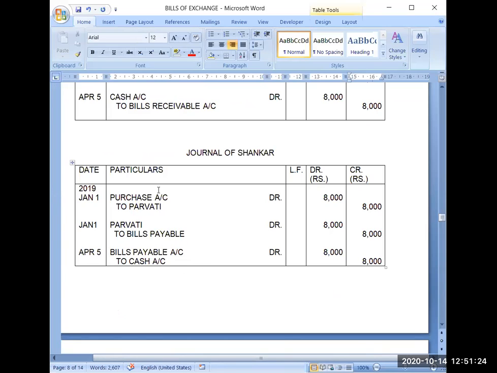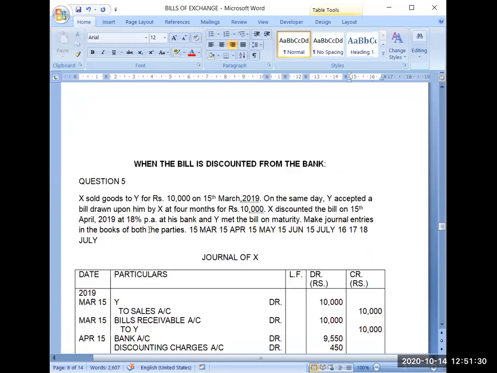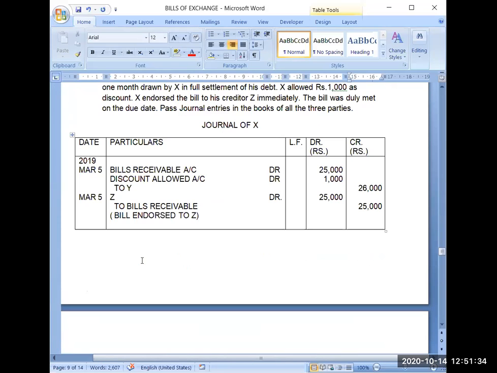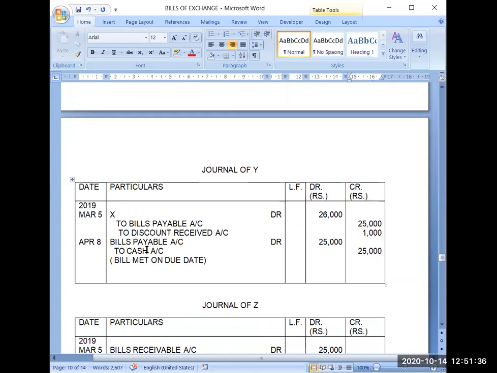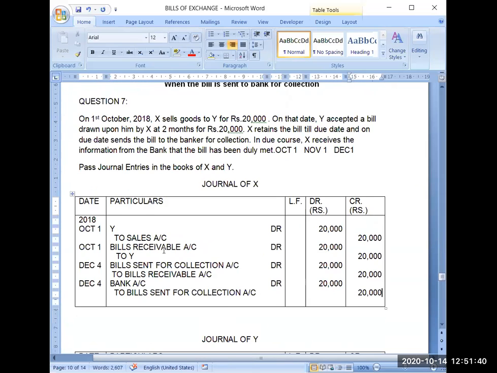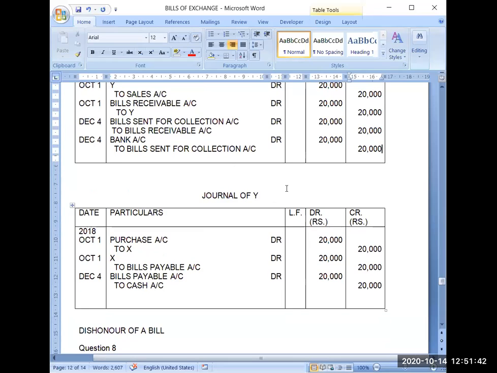And even if you will compare all the entries, almost all the entries will remain same for the person who is purchasing goods. You can check at any point of time. In any case, every case, the entries will always be same for the person who has accepted the bill. First he will purchase, then he will give acceptance, and then on the due date he will make the payment. I hope it is clear.